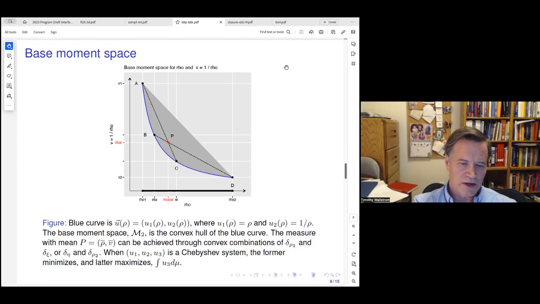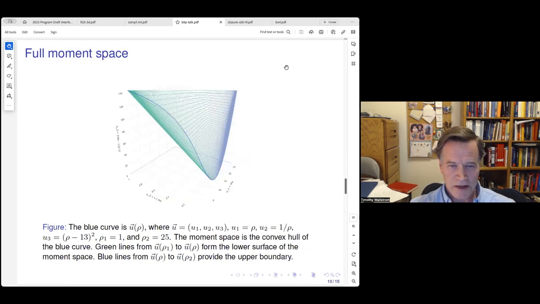Okay, so if we look at how this works, here's my attempt to render it in 3 dimensions. If you project this down on the plane, you get exactly what I showed on the previous graph. But we want to find the bounds for this other functional that's going in the z direction.